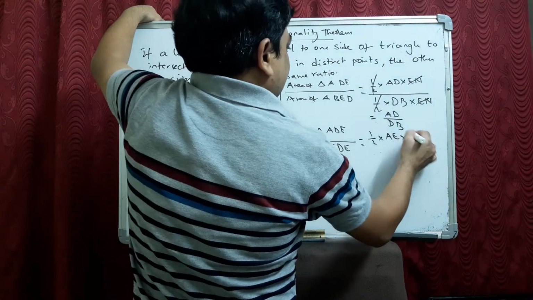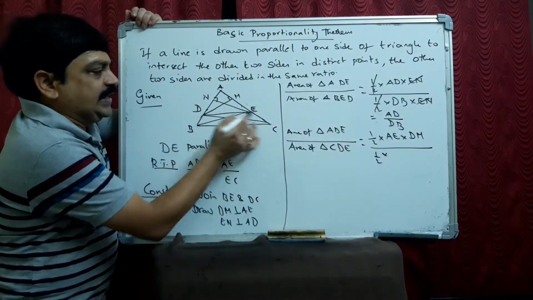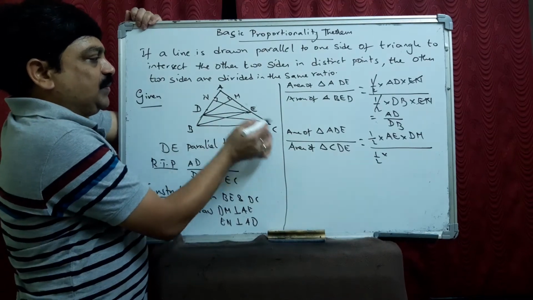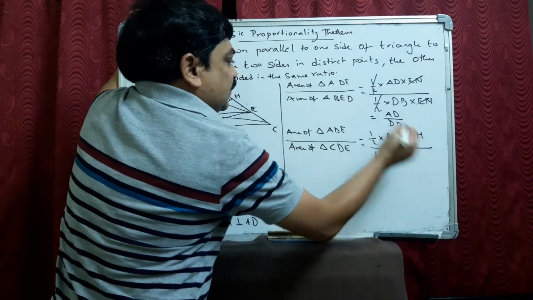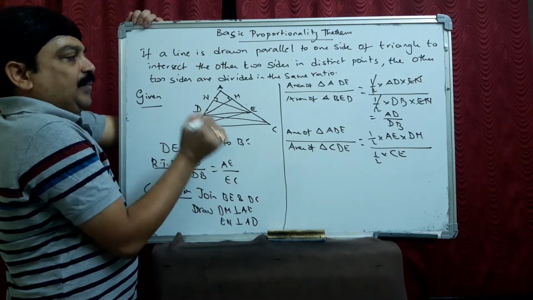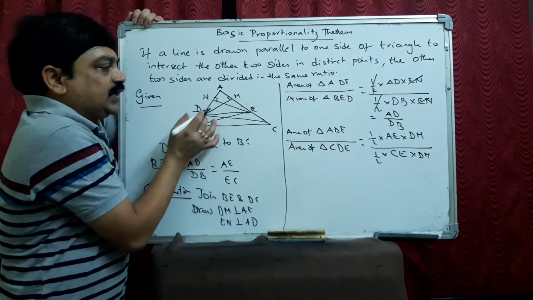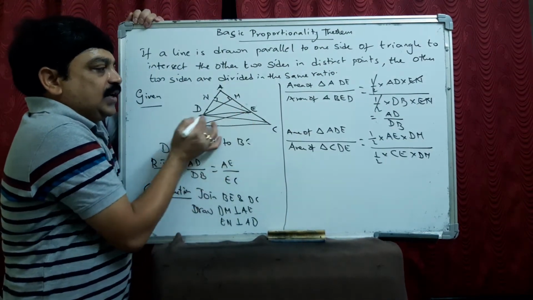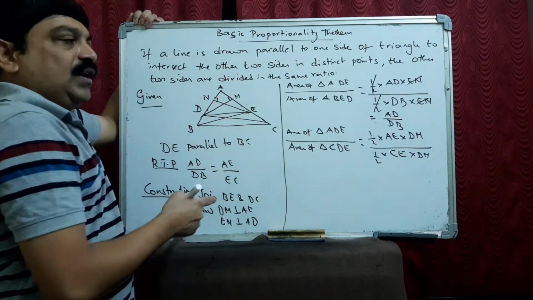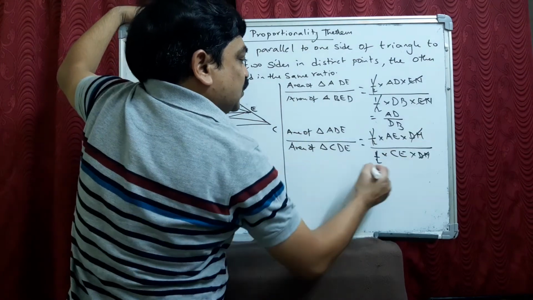When I take CED, the base will be CE and the height will be DM, because it also lies outside the triangle, since this is also an obtuse triangle, CDE. Now you can cancel half and DM also.